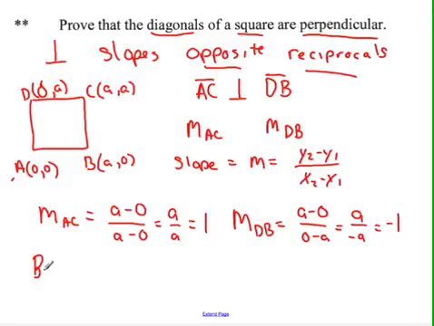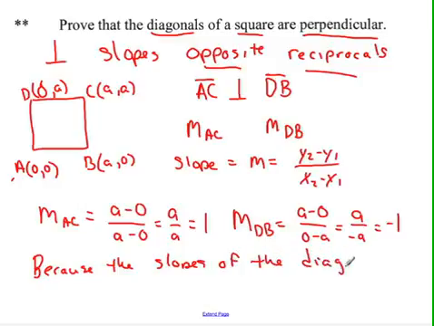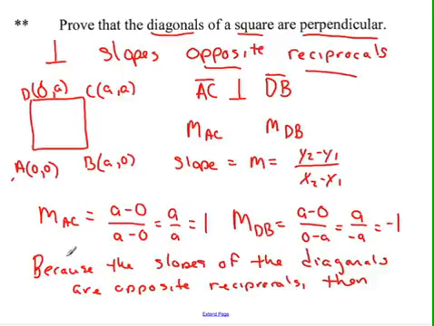I'll have to say some sentence like, because the slopes of my diagonals are opposite reciprocals, then the diagonals are, what am I trying to prove?